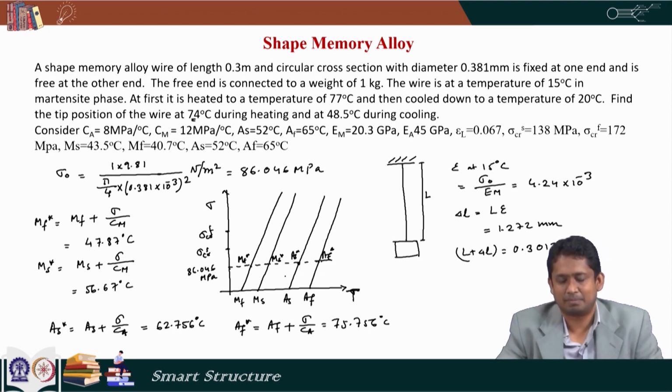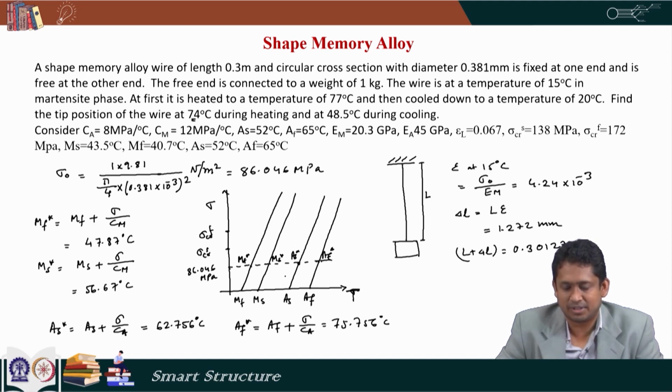Now, in Tanaka model, we model the variation of xi during the transformation as an exponential function, and in Liang and Rogers model it is modeled as a cosine function.